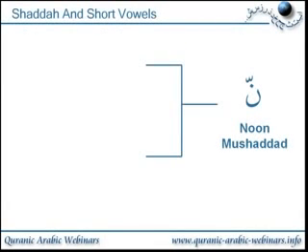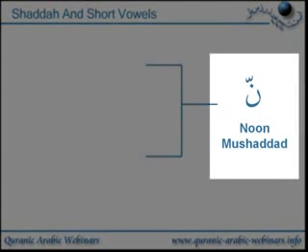Now we're going to look at the letters with shaddah and how they work with short vowels. First thing to note, any letter which has the shaddah symbol on it will be known as mushaddad. So here we have a noon with shaddah, so you can call this the noon mushaddad. By saying that, we know that the noon is carrying a shaddah.